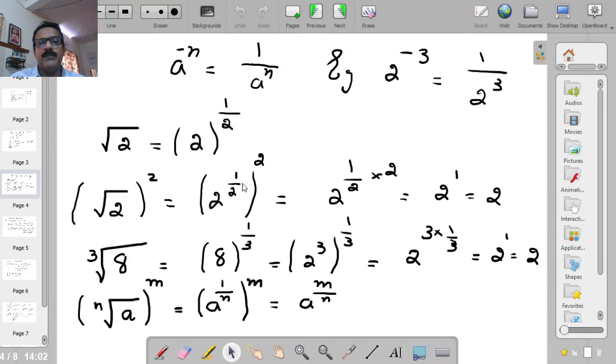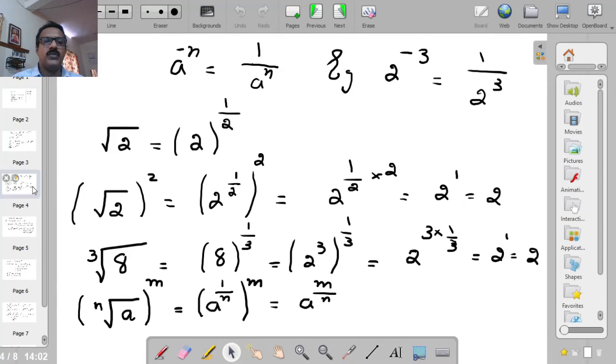That is a raised to m into n. This 2 and 2 get cancelled and we get 1. This is 2 raised to 1, equal to 2.